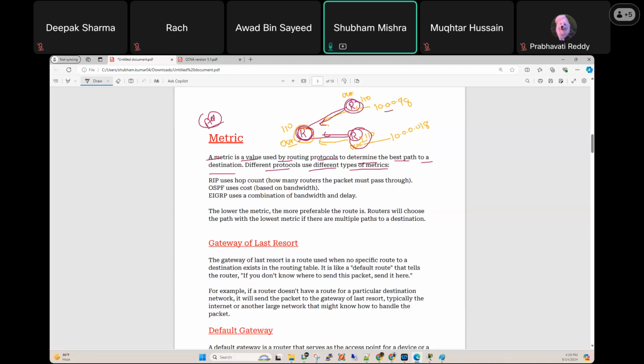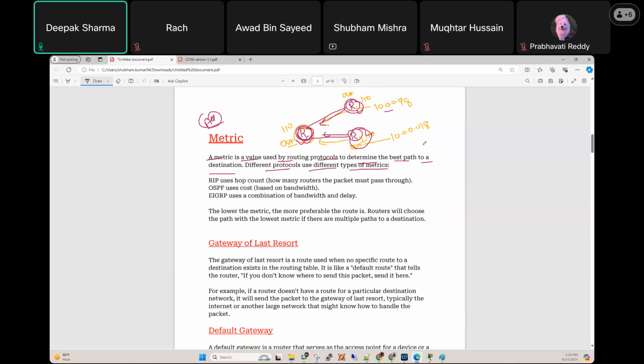Sir, the AD value here is the same on all the routers. Then how can we decide which one the router prefers? Via R1 or via R2? I hope you understand what I'm trying to say. What is the problem here? Clear now, everyone? Yes.